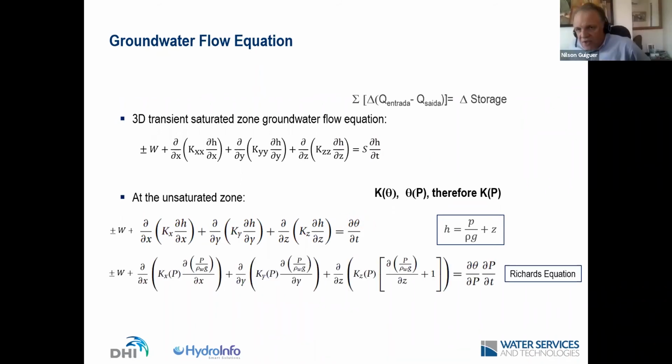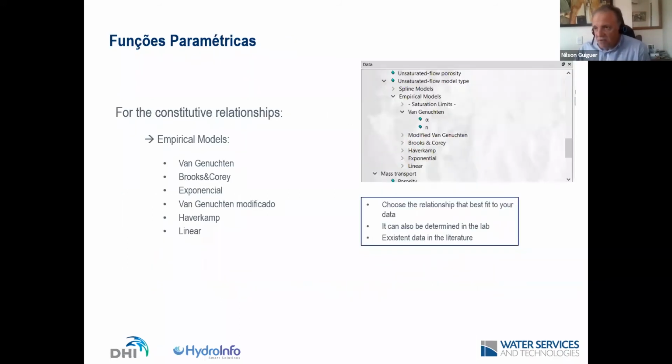In order to solve Richards' equation, FeFlow needs to have the relationship between hydraulic conductivity and saturation, and between pressure and saturation. It gives you a few options. It gives you the option of using the well-known Van Genuchten relationship, who did thousands of experiments, and depending on the type of soil, provided fitting parameters.